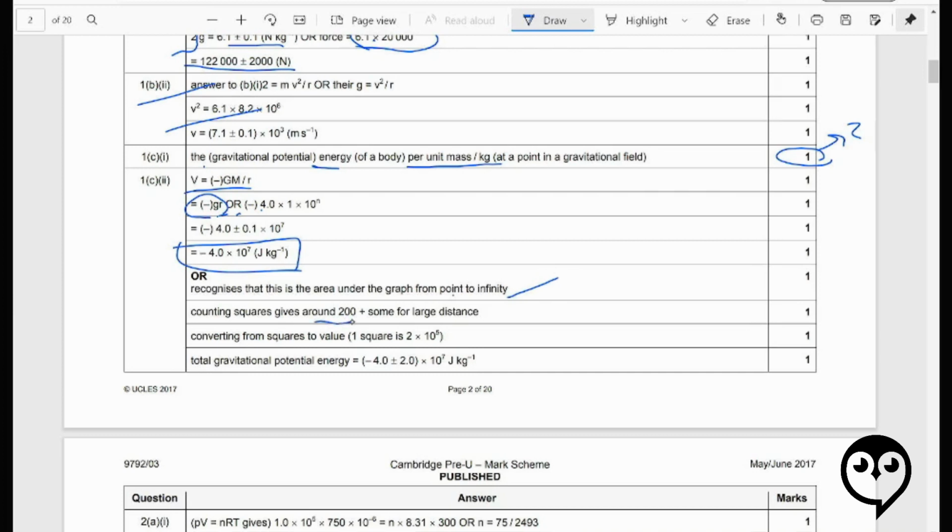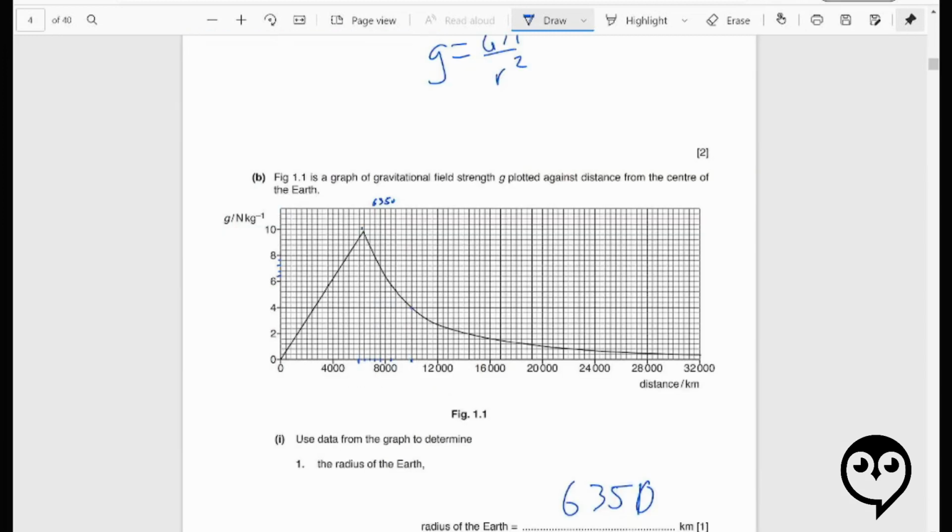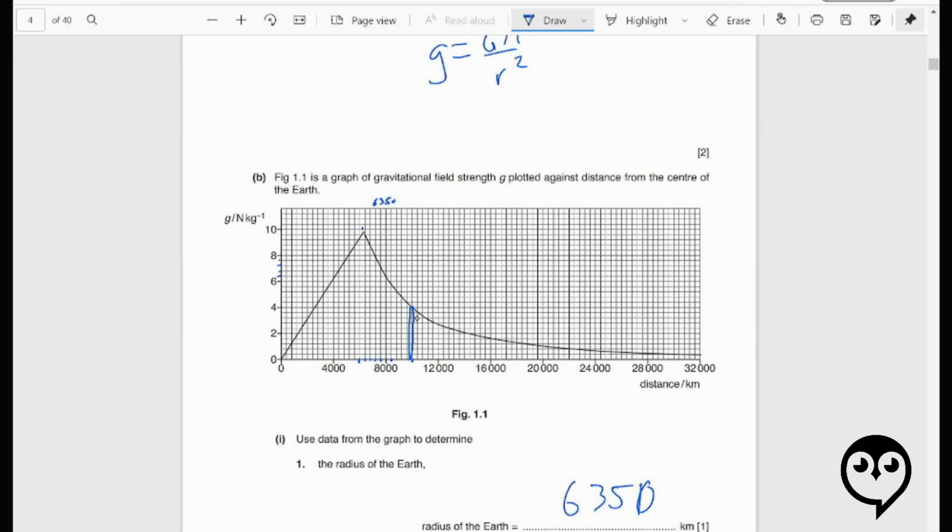Counting the squares, around 200 or more for some large distance, converting the value of the square, and you get the total gravitational potential energy. Outstanding. So the area under the graph from the point to infinity. We could have drawn that line here, and it's the area under the graph here.